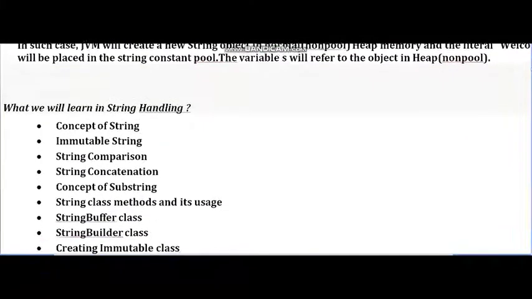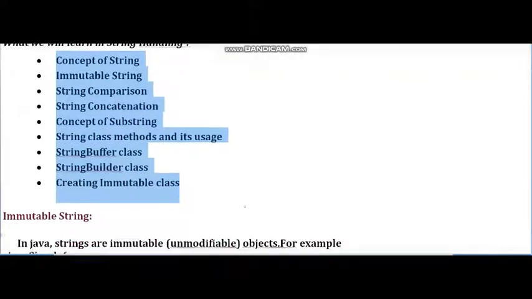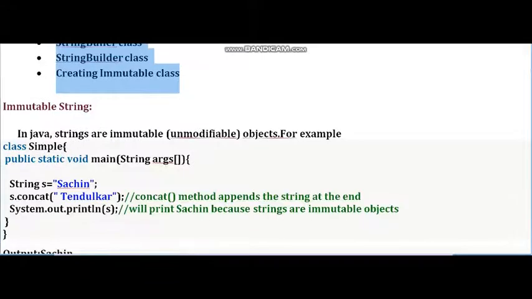And in this string series you're going to learn about different concepts like this. The first concept I will tell you is immutable string. This is something that is not easy to understand, so you and me both can try, and let's just go. In Java, strings are immutable, meaning what? Let's take an example.